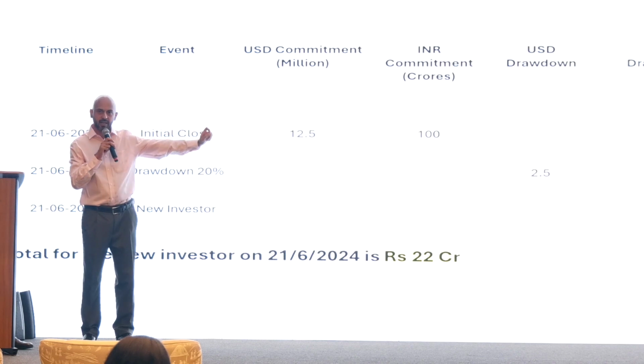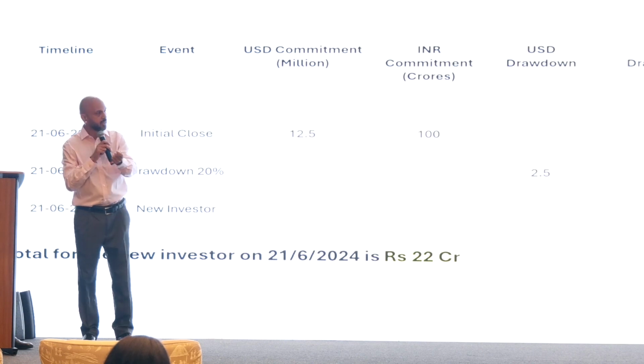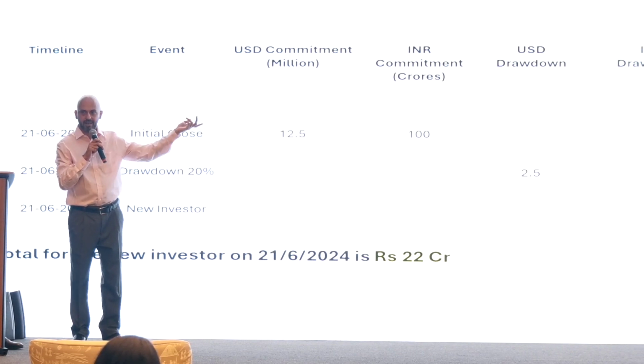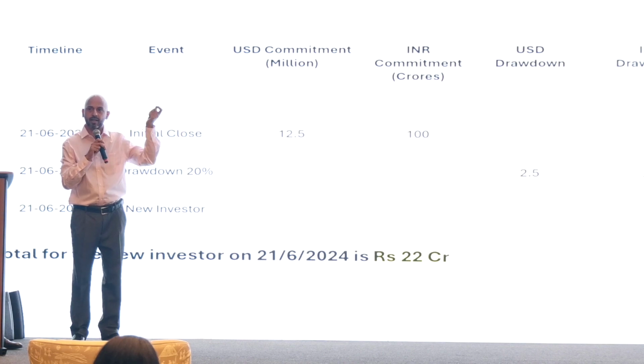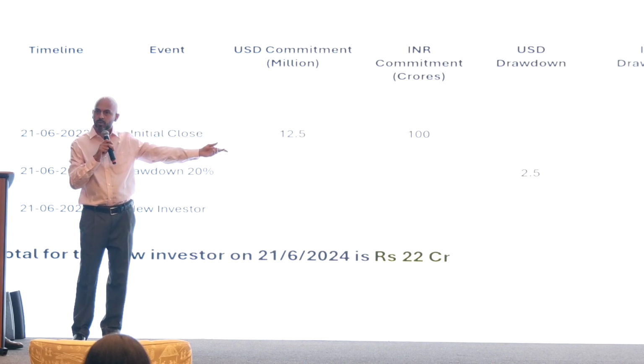The second part, as we explained earlier, is that there is also an equalization interest component because the new investor has come in 1 year late. In this case, we have assumed that the equalization interest, the hurdle rate, is 10%. So if you apply a hurdle rate of 10% per annum on the drawn down amount, that comes to 2 crores.